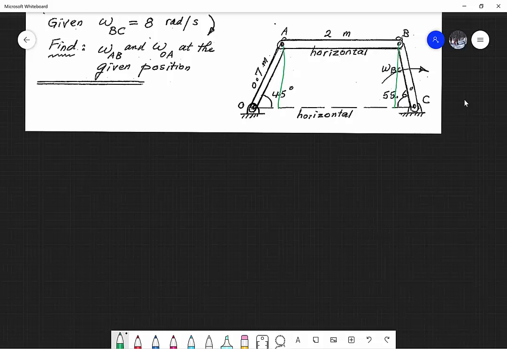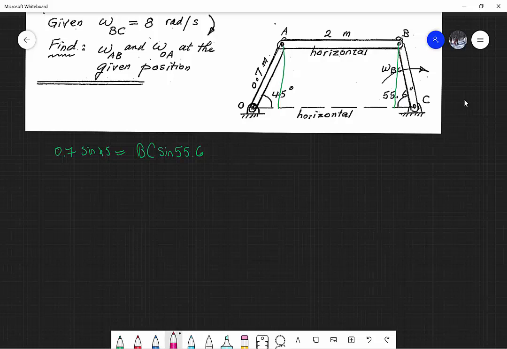Definitely. So the left green line is 0.7 cosine 45. Actually it's going to be sine 45, but of course the values of sine 45 and cosine 45 are the same, and the other green line is BC sine 55.6.